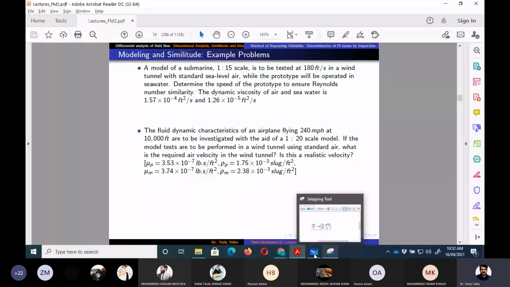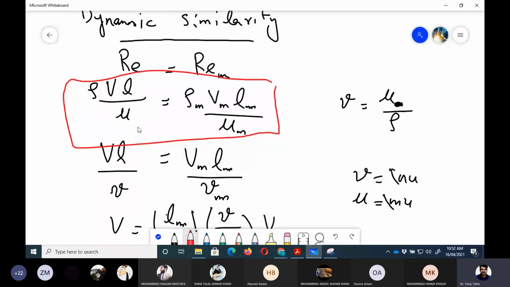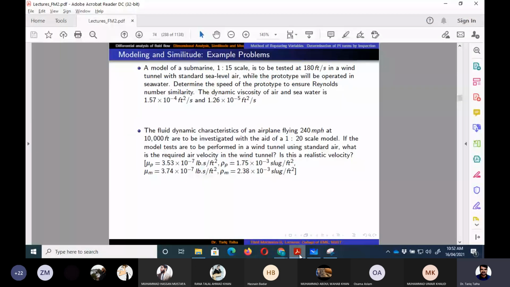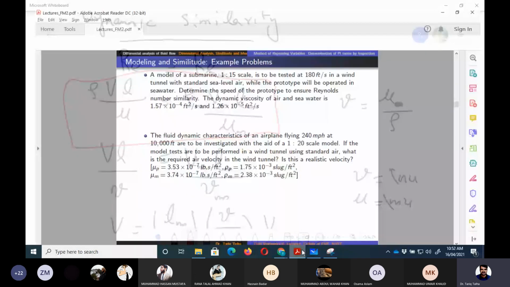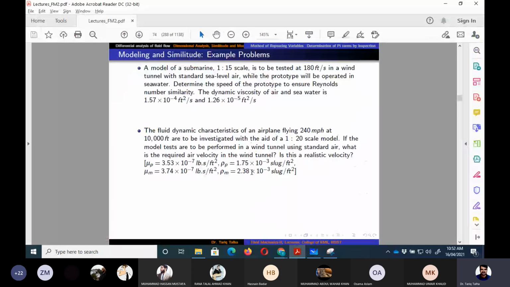All other properties are given. V is 240 mile per hour, Lm upon L is 1 by 20, and then the rho values for the model and actual at 10,000 feet are given in the data, and we just need to calculate the velocity.